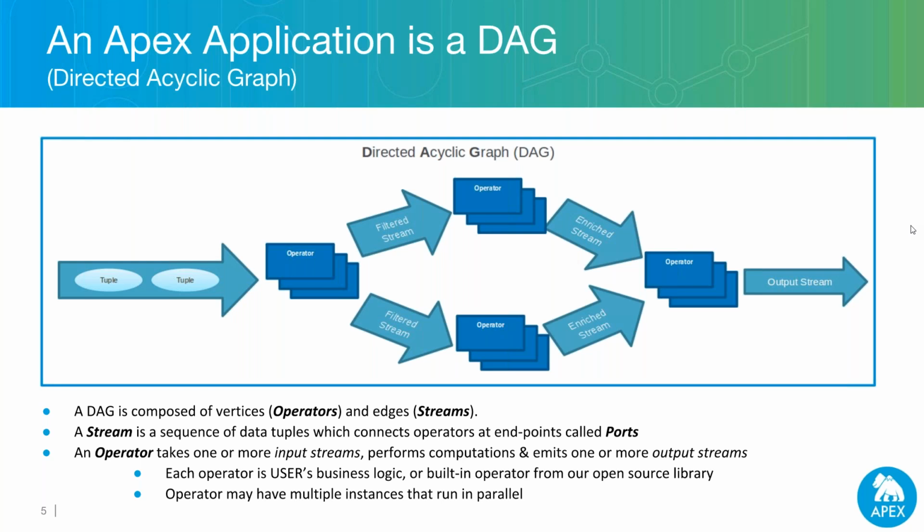These streams are connected between the operators, and those endpoints are called ports. An operator can take one or more inputs, perform computations, and emit one or more output streams. Each operator is a user's business logic or a built-in operator from our Malhar library. Also, operators may have more than one instance that can run in parallel.